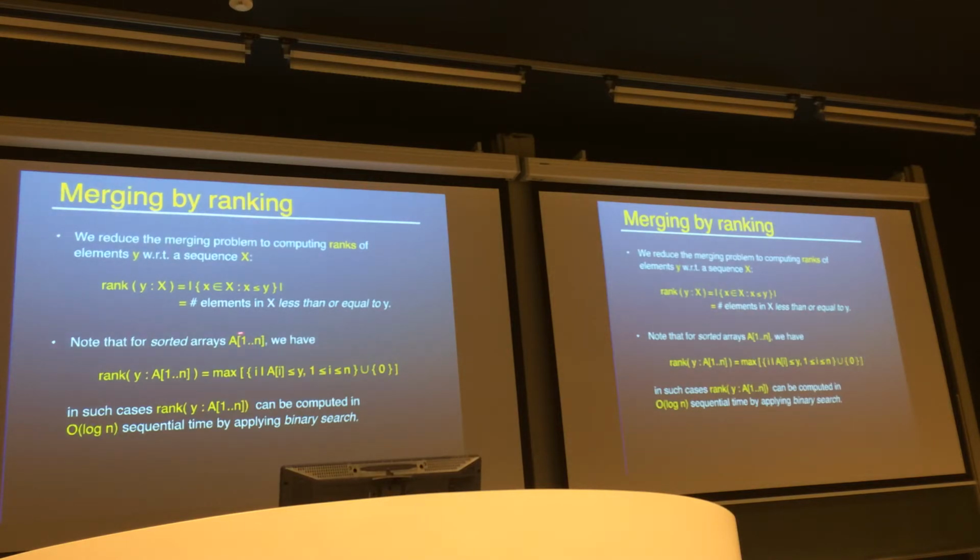And well, if you now have, instead of X, a sorted array A, then the definition of the rank comes down to a very familiar one. If you have a sorted array A, then the rank of y in A is simply the maximum of the indices in A at which an element occurs that is less than or equal to y.